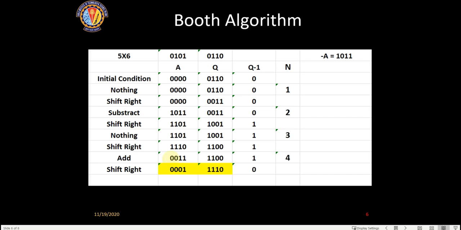That is known as arithmetic shift. The entire data has been shifted here. This 1 has come here, so this has become 3 ones here. This 0 has come here. The entire A and Q minus 1 will be shifted. Since it's 4-bit data, after 4 cycles of operation it will stop.